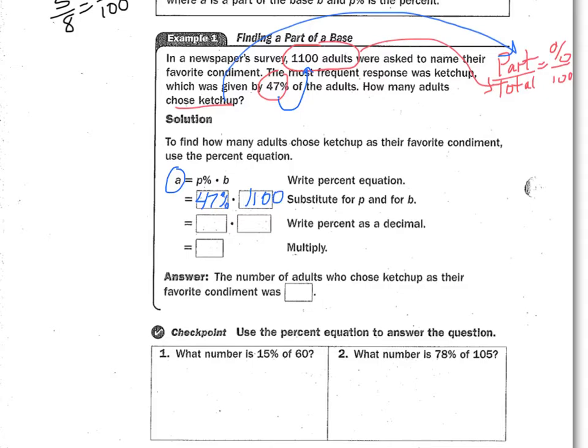Change that to a decimal, 0.47 times 1,100, and you get 517. So 517 adults chose ketchup. Do it either way. You can do is over of equals percent over 100, or you can write the percent equation for numbers 1 and 2.